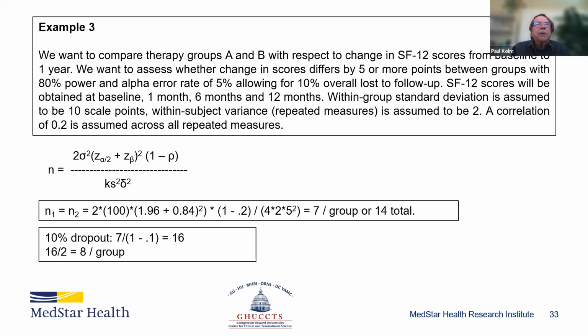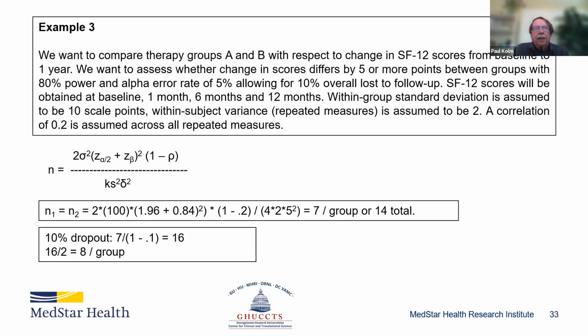And so this is really typical when you have repeated measures or paired data. You need generally fewer patients than you do if you don't have paired data, or the data come from independent groups without repeated measures.